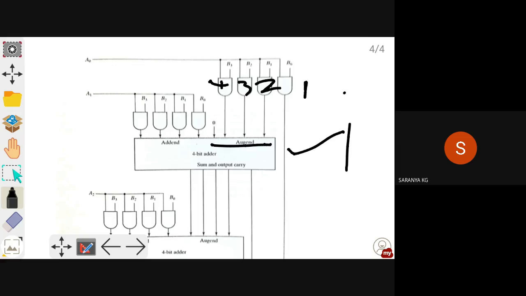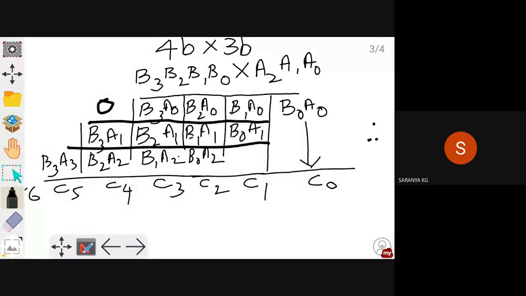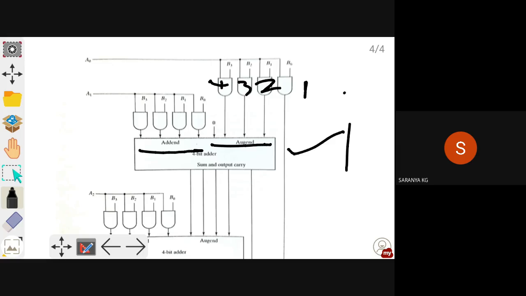Then the addend is the second 4-bit number, that is the second row: A1 into B0, A1 into B1, A1 into B2, and A1 into B3. So this is the 4 AND gates for the second number.